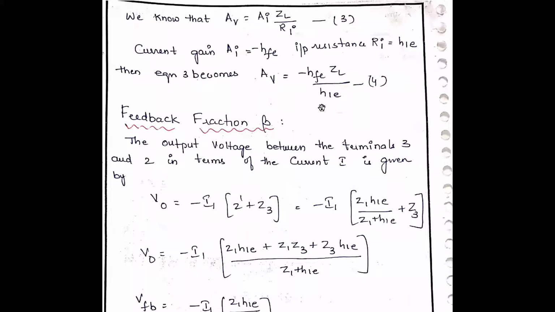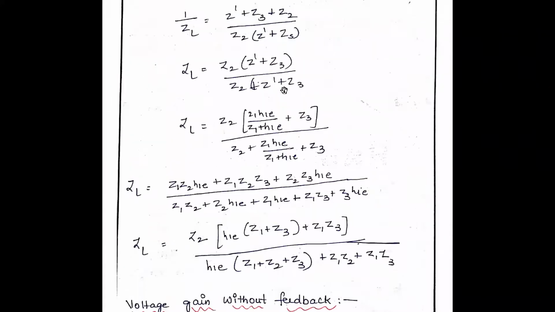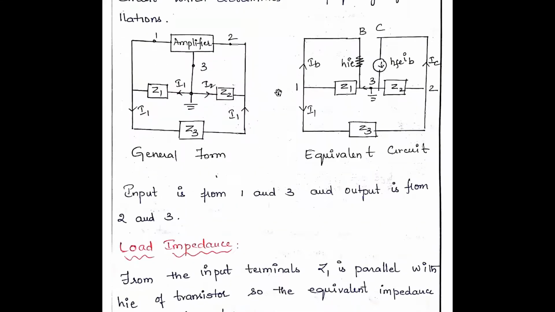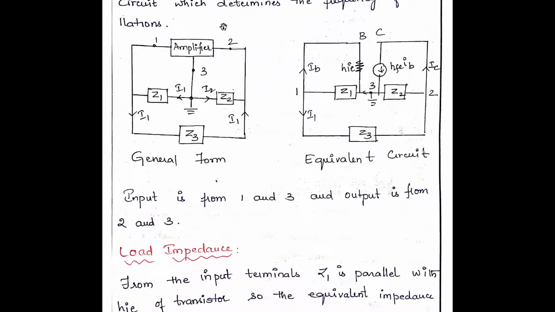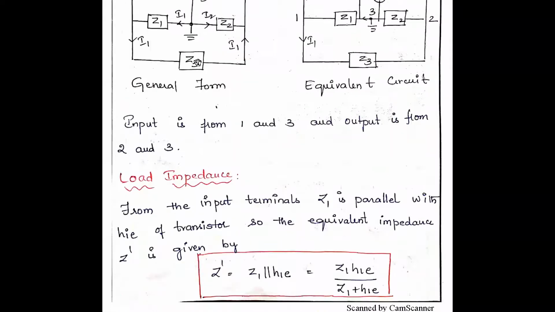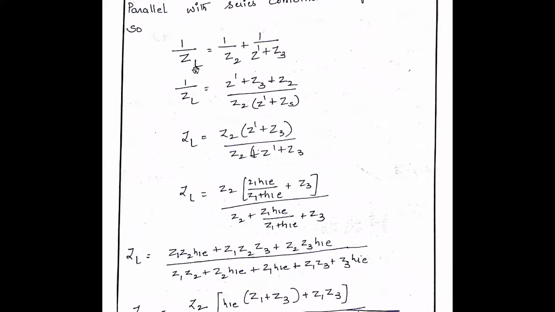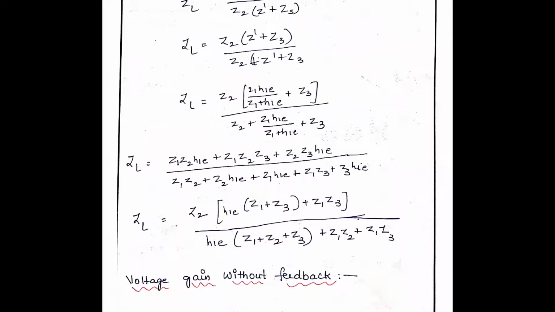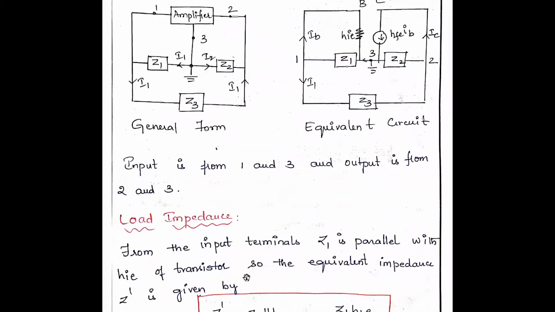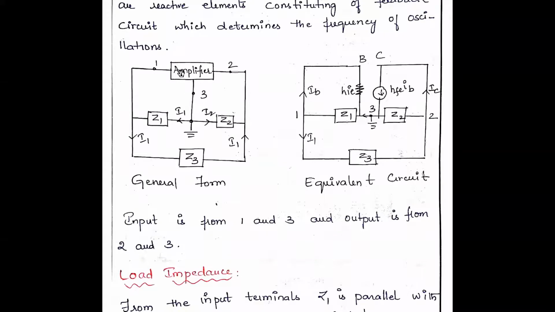This is the expression for the voltage gain, meaning the gain of only this amplifier block, not the entire gain. That is the reason we call it voltage gain without feedback, meaning the voltage gain of this amplifier block alone.